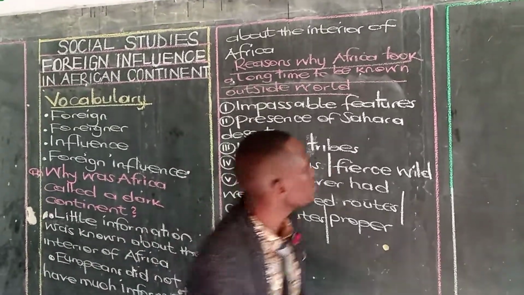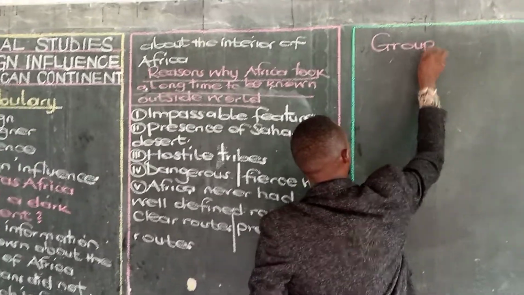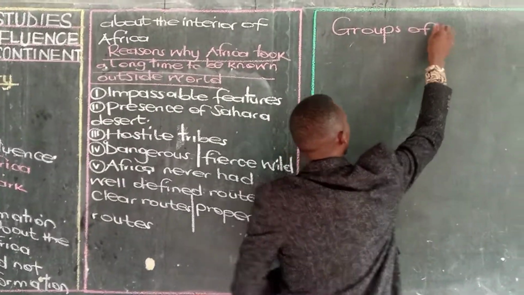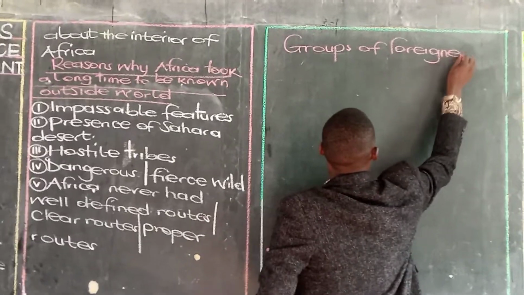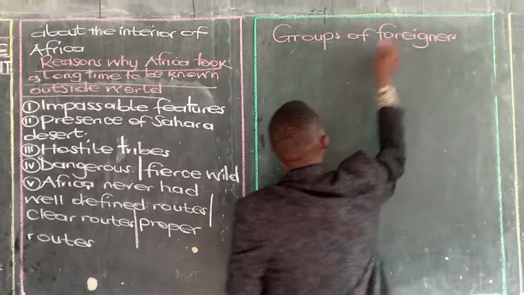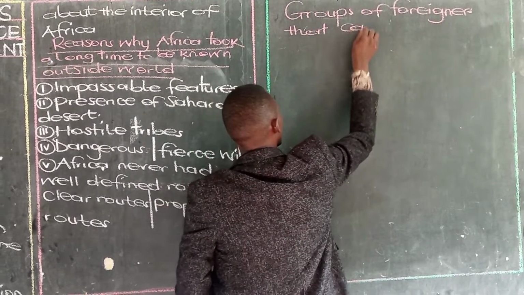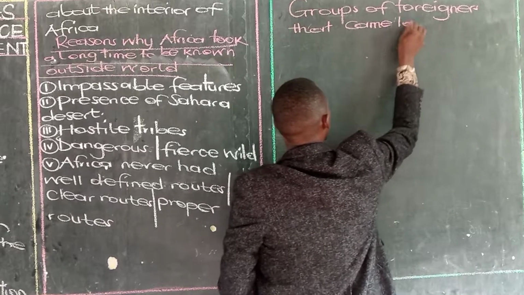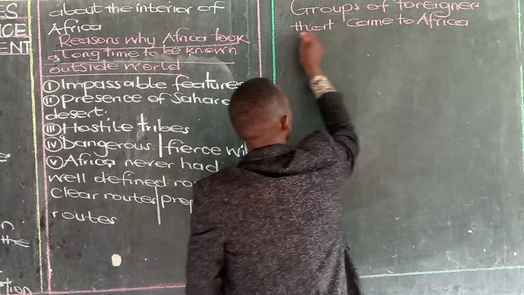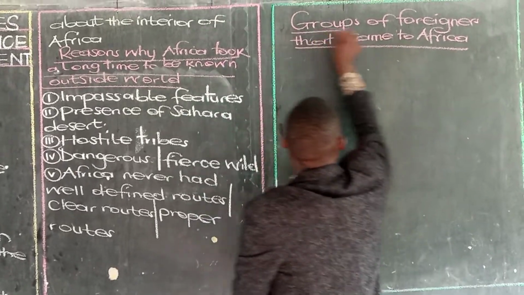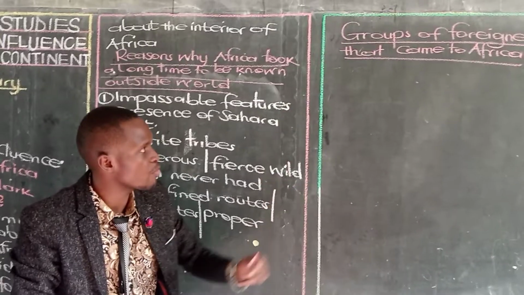So our subheading is groups of foreigners that came to Africa.